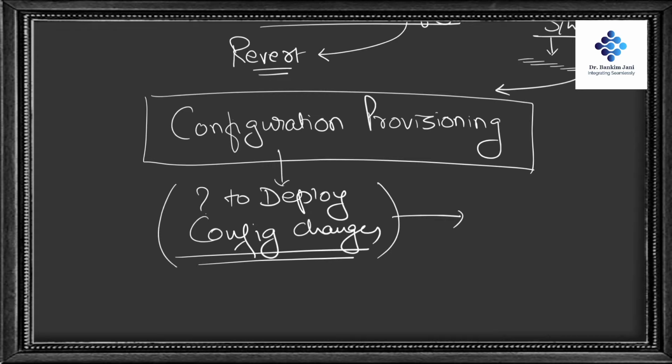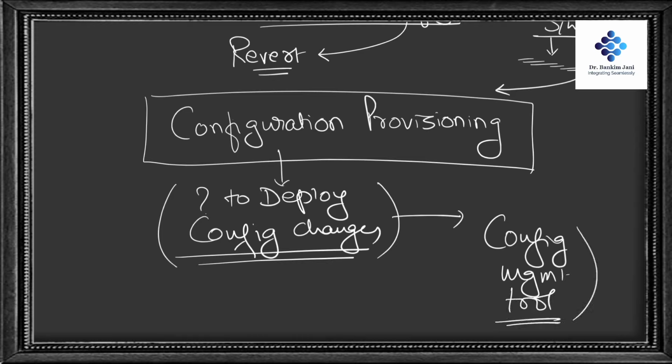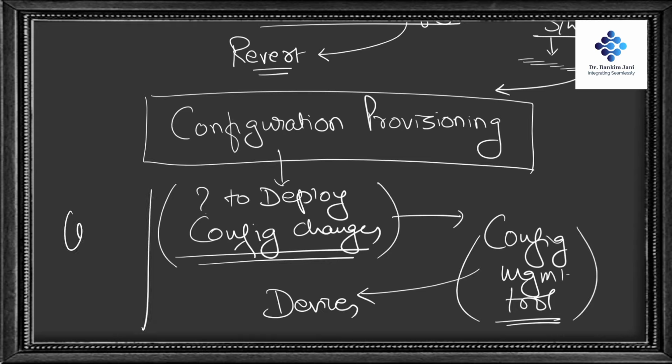Still better, you make those changes in your configuration management tool, right? At your comfort, you make those changes in the configuration management tool, and then those changes should be enforced onto your devices. This would be the core function, the main function of our management tool.